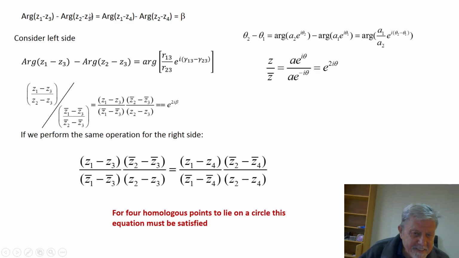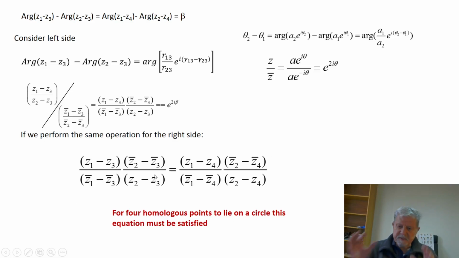You can do exactly the same thing for the right-hand side. If you do, you end up with Z1 minus Z4, Z1 bar minus Z4 bar, Z2 bar minus Z4 bar, Z2 minus Z4. Now, this is the condition for 4 homologous points to lie on a circle.